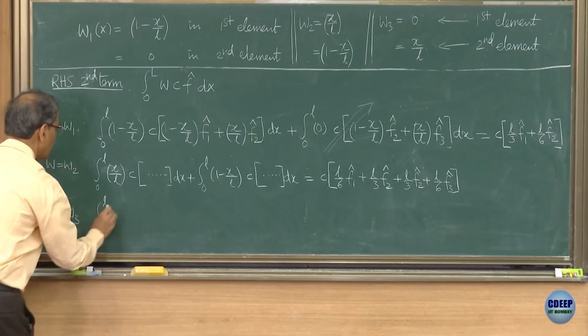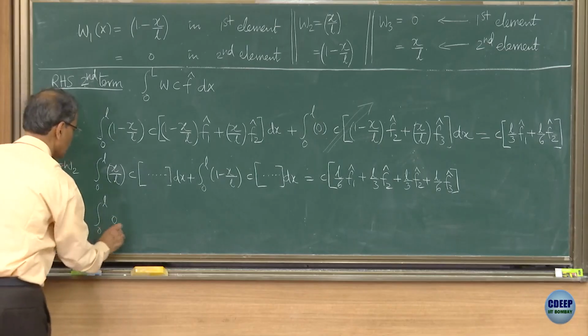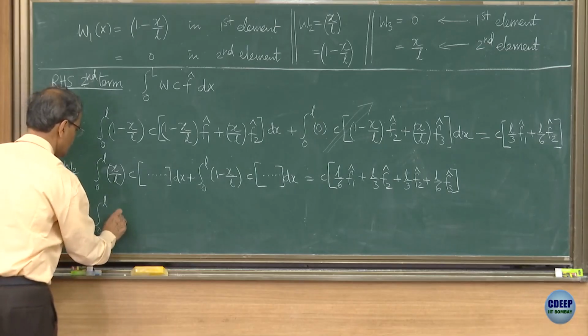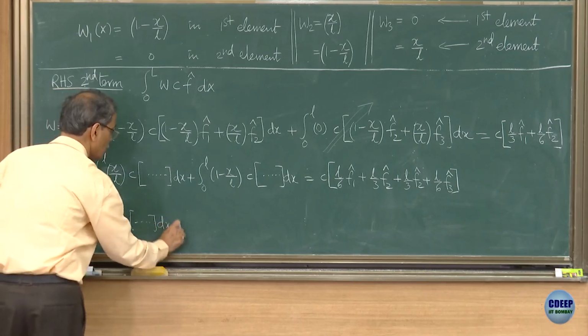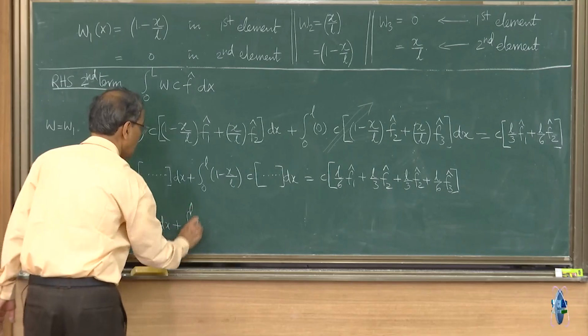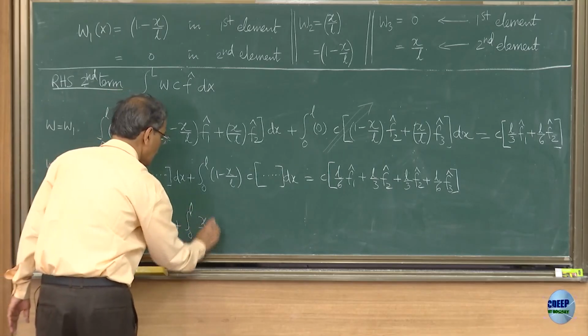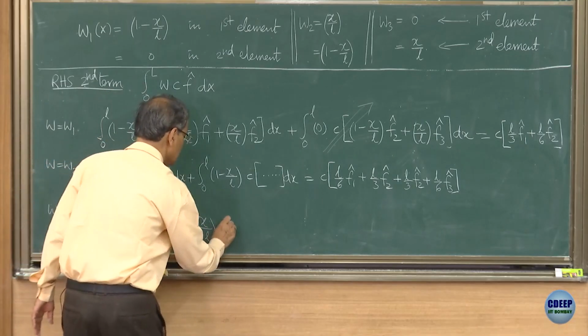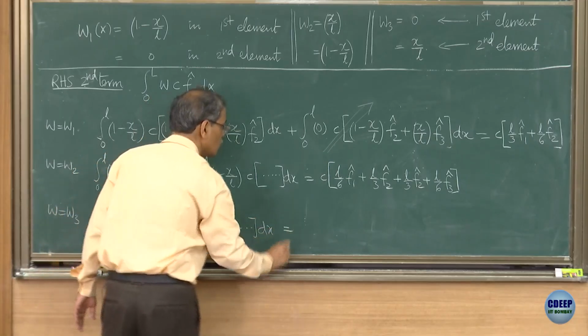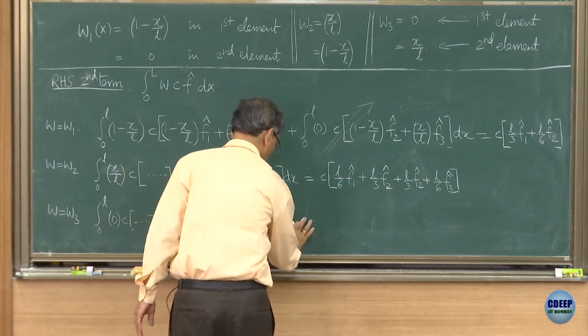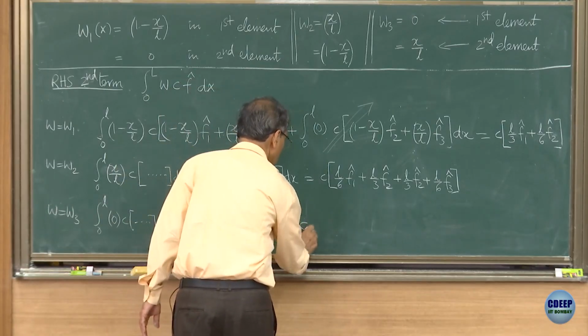Integral 0 to L, 0 in the first element, right? C times plus integral 0 to L x by L C times dx. This would be C times.